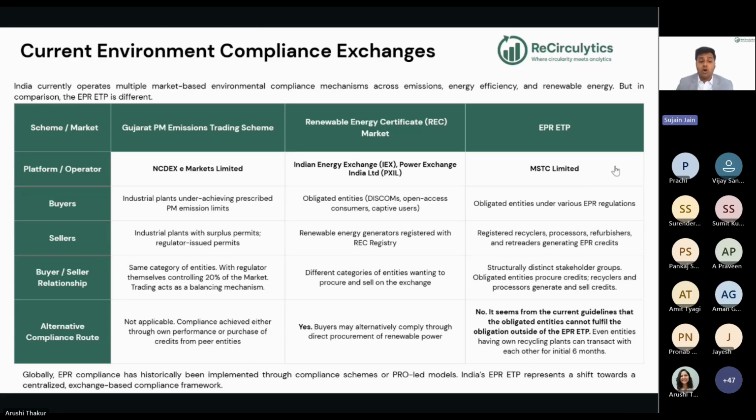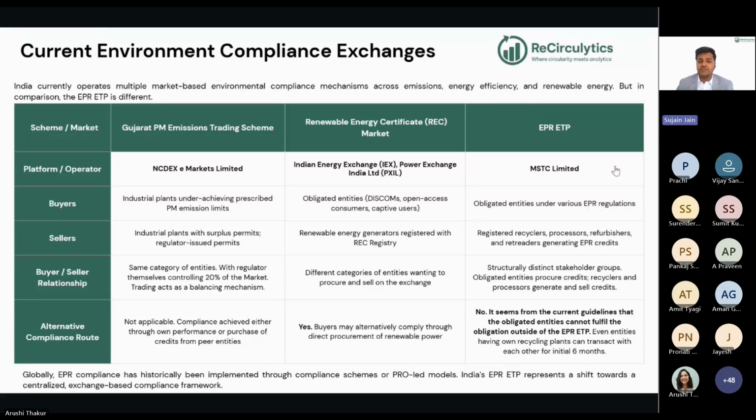In this case, there is no alternate compliance route for them. So for example, if a company has reduced its emissions, it will have to buy less. Or if they are increasing their emissions, in that case, they will have to buy credits from their peer entities who have certificates available.